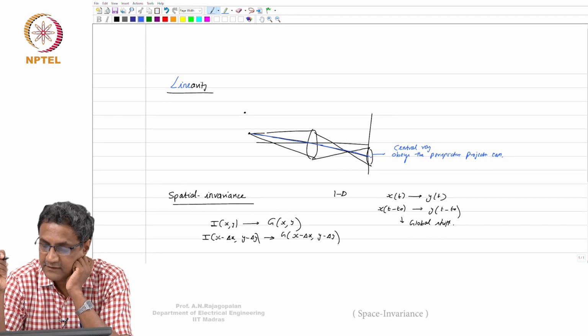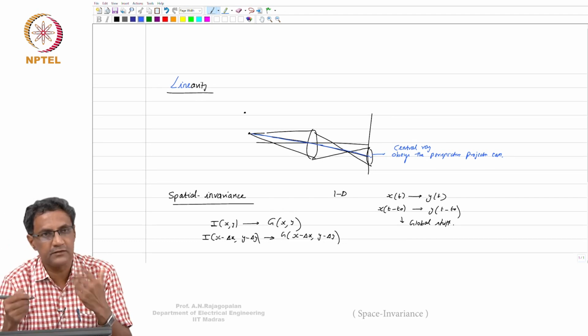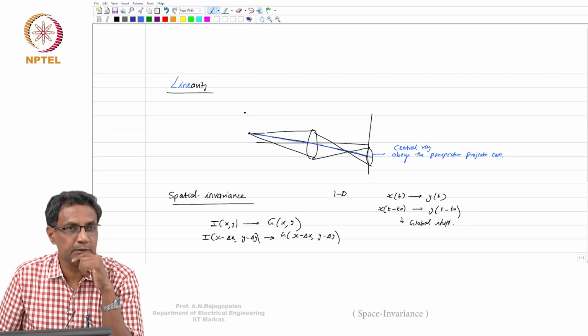So the point is, when you say that you want to shift I of x,y, it is really a pinhole equivalent now, and we are trying to say that I want to get I of x minus delta x, y minus delta y.